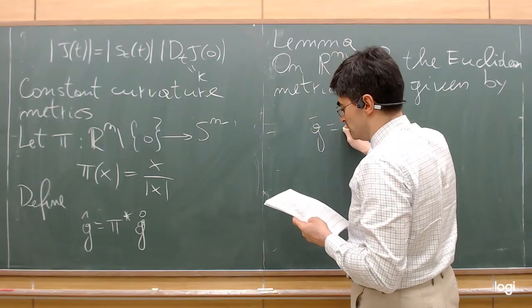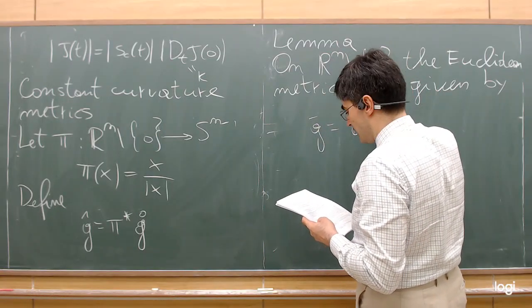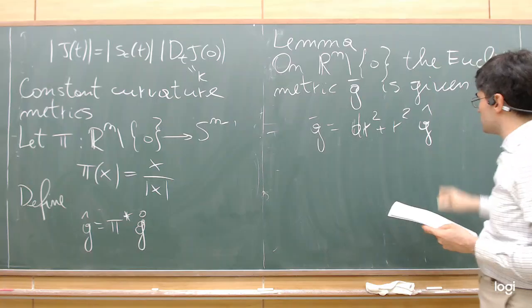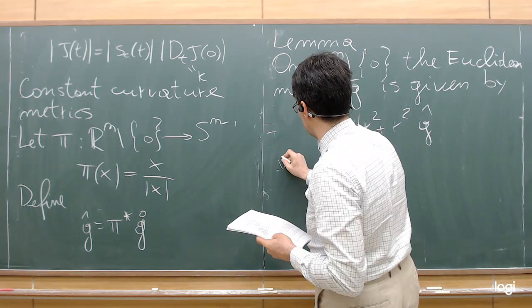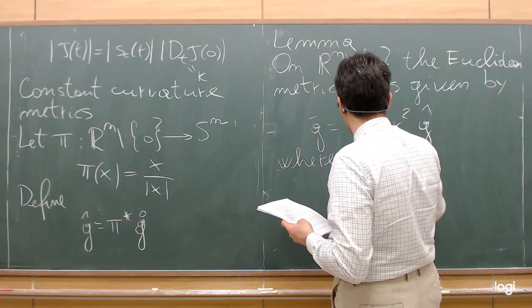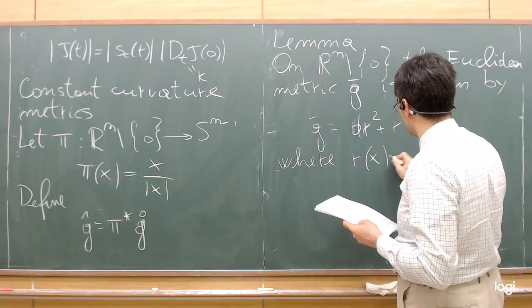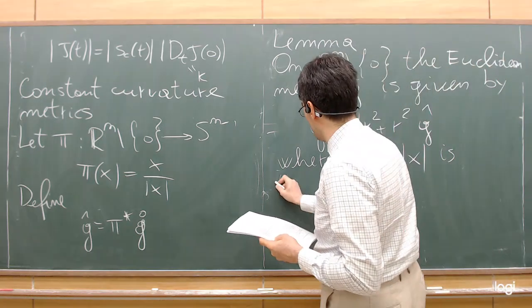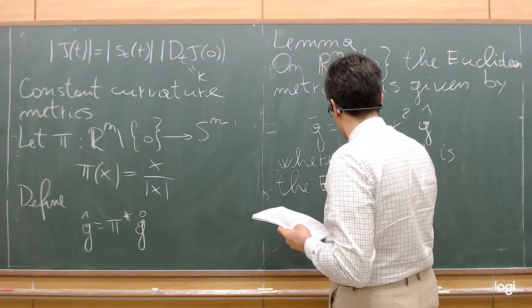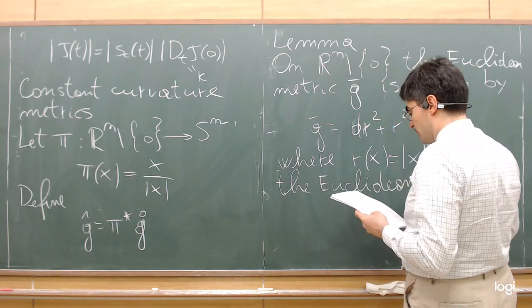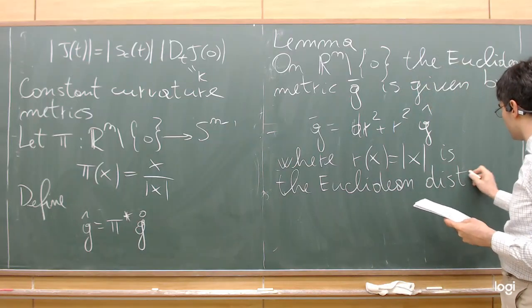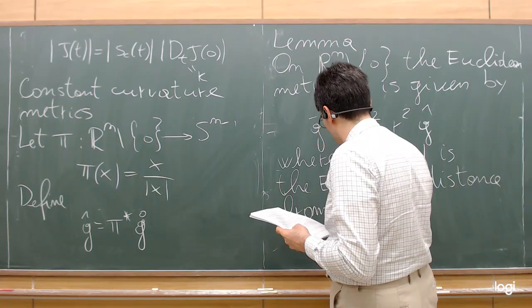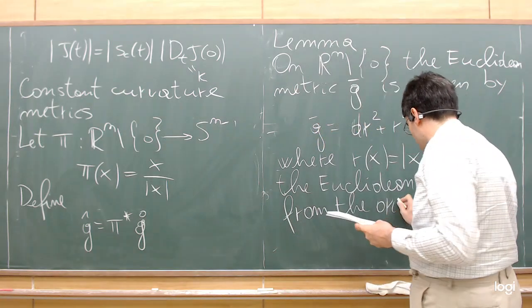G bar equal dr squared plus r squared G hat, where r of x equal length of x is the Euclidean distance from the origin.